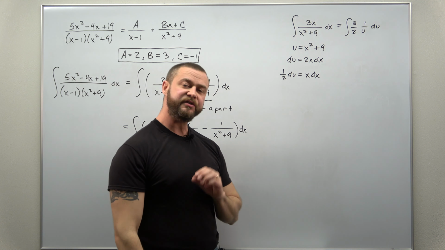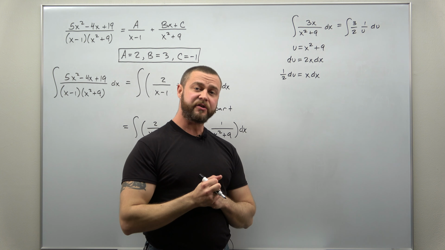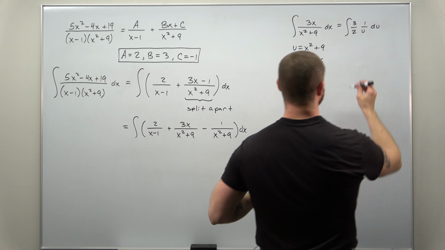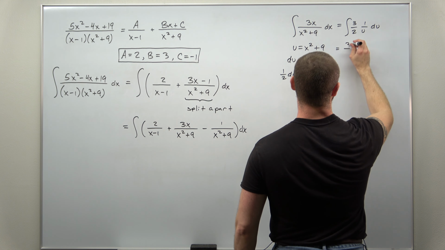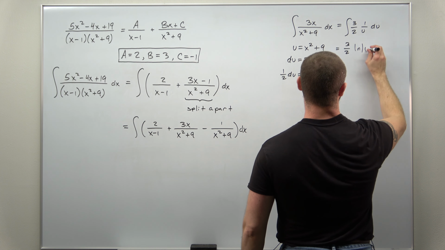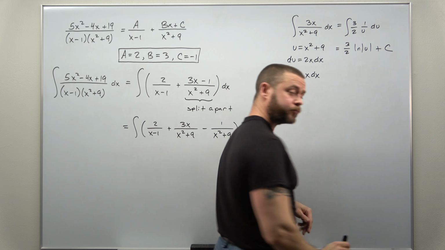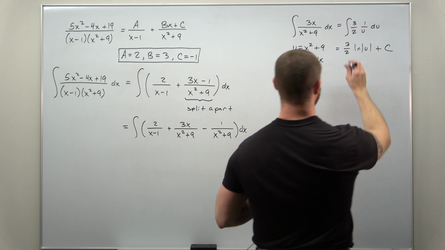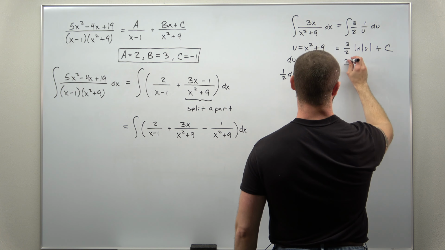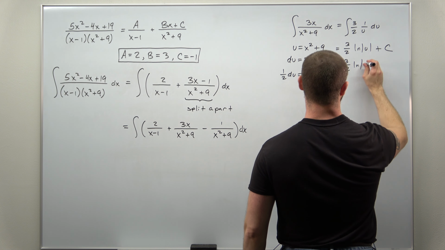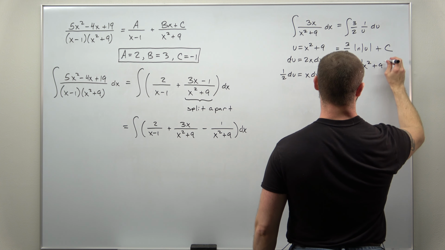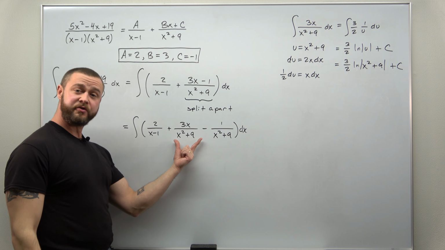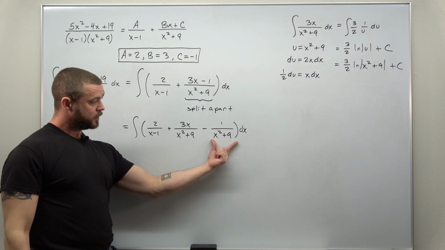And now we can recognize that as having the antiderivative of a natural log of u. So this will integrate to 3/2 natural log of u. And as always, back substitute your u, which is x squared plus 9. All right, so that completes the evaluation for the second term.